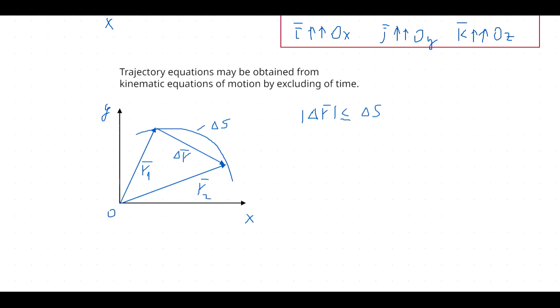In this way, we can consider such a limit: delta t tends to 0 of the absolute value of delta r, and this is equal to the limit as delta t tends to 0 of delta s.